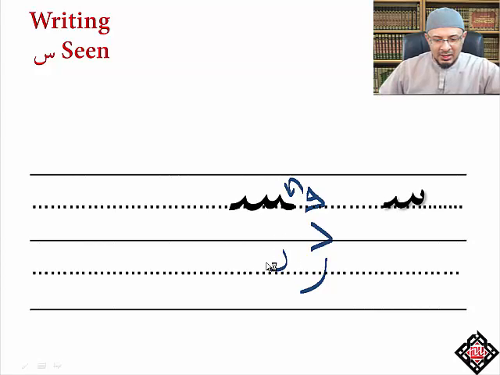So, for example, we have the word tasjudu. Here we see that the ta connects to the sin, and the sin connects to the jim.